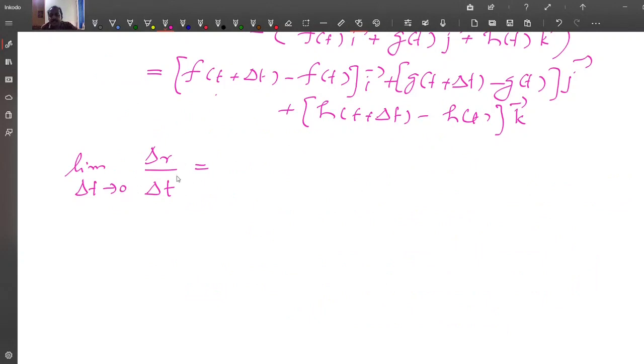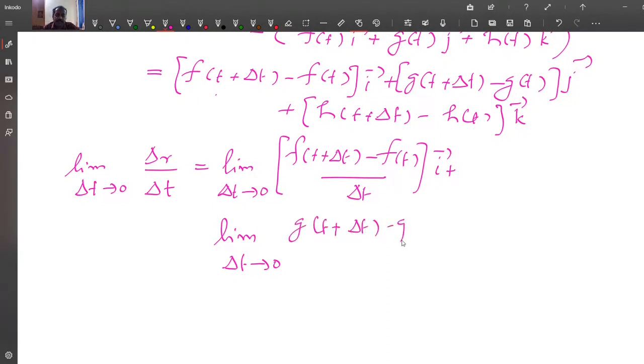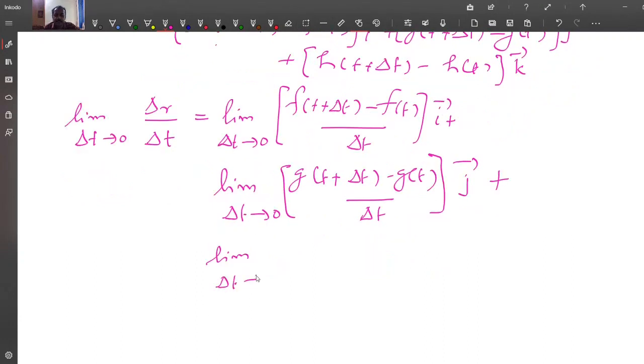Therefore, limit delta t tends to 0, delta r by delta t is equal to limit delta t tends to 0, f of t plus delta t minus f of t divided by delta t into i plus limit delta t tends to 0, g of t plus delta t minus g of t divided by delta t into j plus limit delta t tends to 0, h of t plus delta t minus h of t divided by delta t into k.